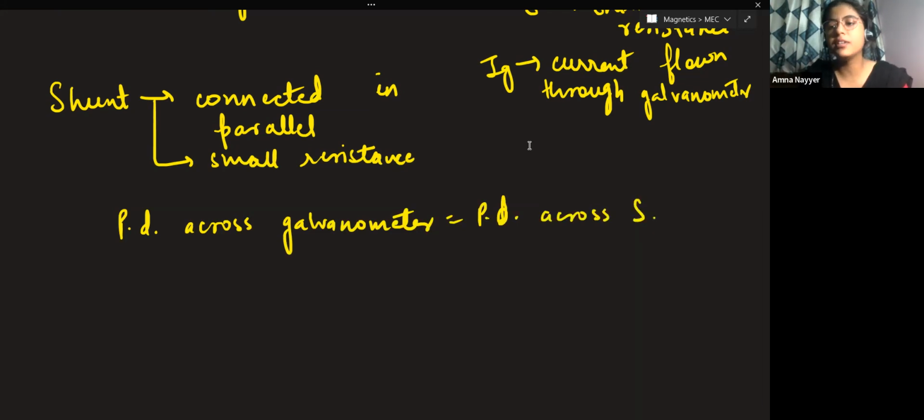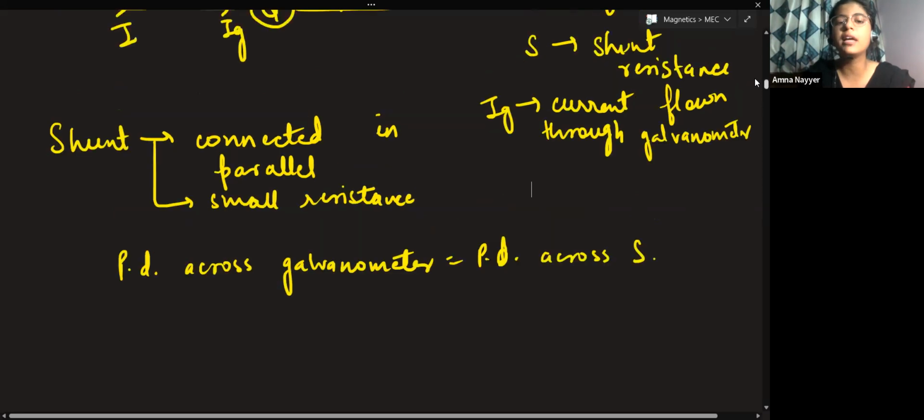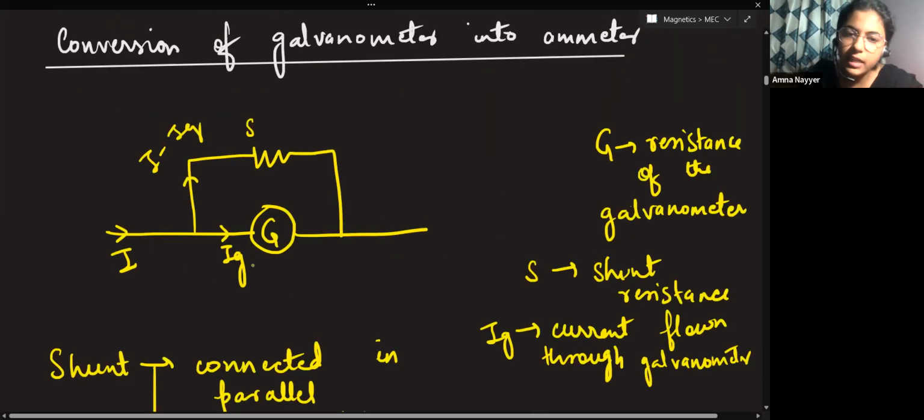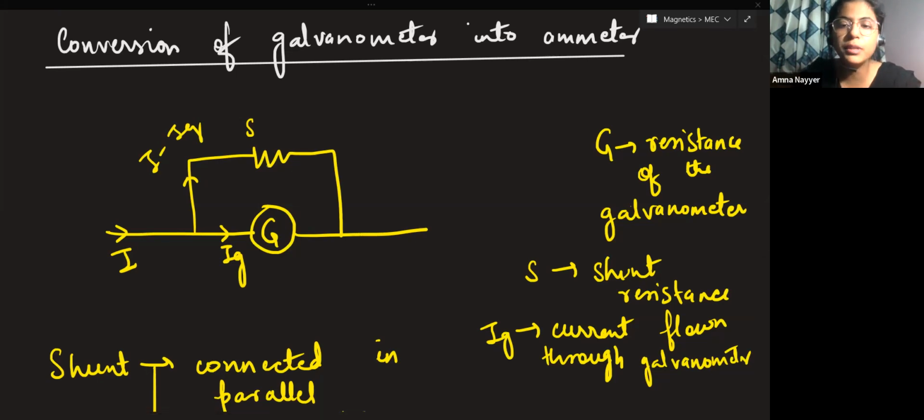See, potential difference can be written as current multiplied by resistance. Here the current is IG, resistance of galvanometer is capital G. Sarah, what should be the value of potential difference for this? IG is the current, capital G is the resistance. Sarah.